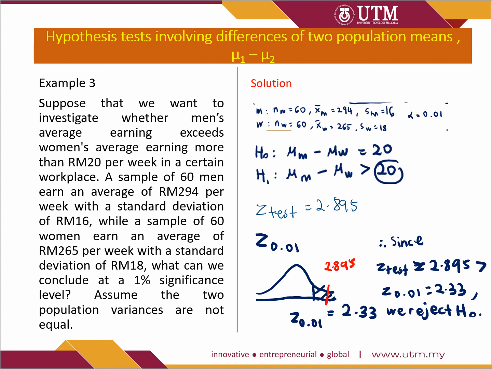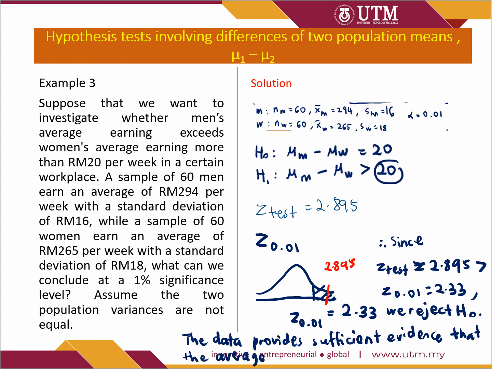So we can conclude that the data provides sufficient evidence that the average earning per week for men exceeds women's average earning by more than 20 ringgit per week, at 1% significance level.